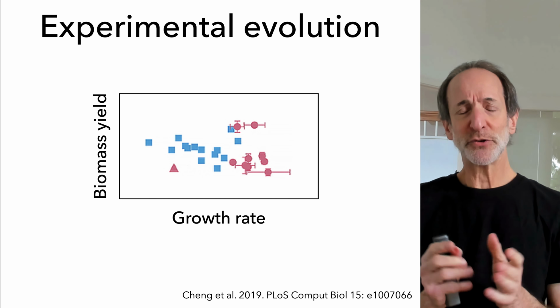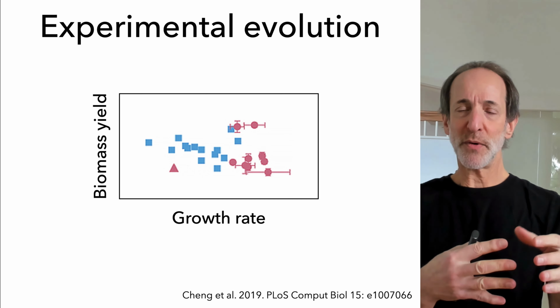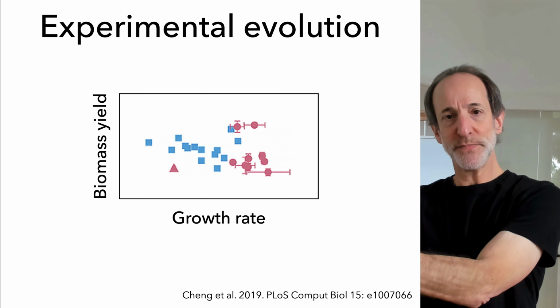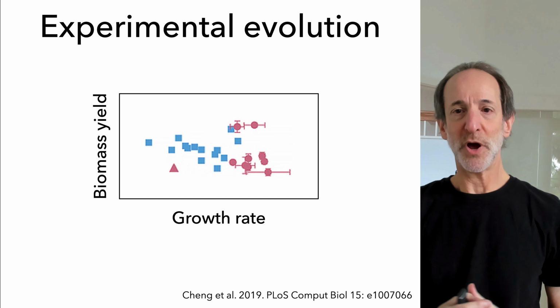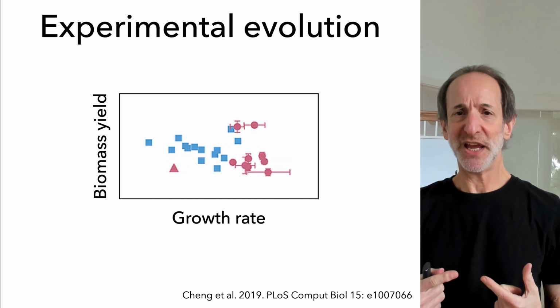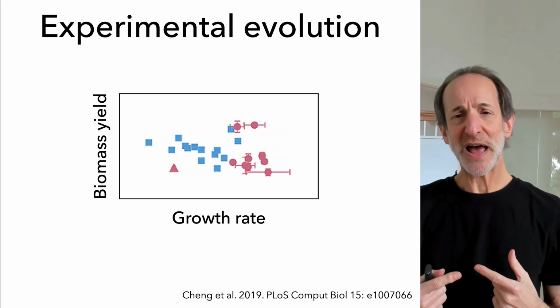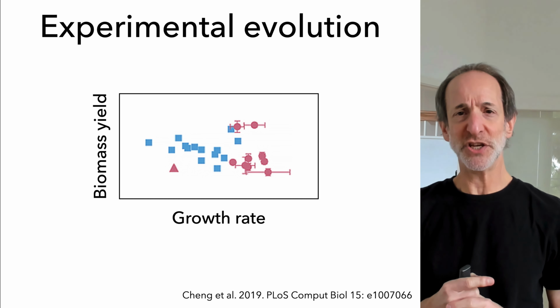In their experimental protocol, they transferred the E. coli growing in a particular medium to the next fresh batch of medium before all the sugar was used up in the initial medium. And that means that the cells are never facing a limitation on sugar and food. And because they're not resource limited, there's really no selective pressure for efficient yield.